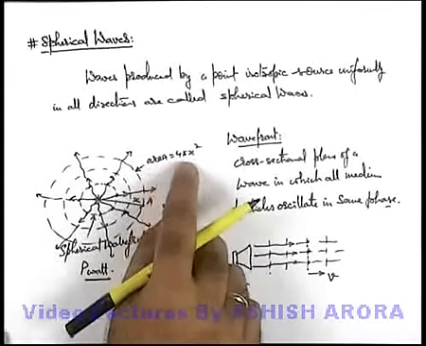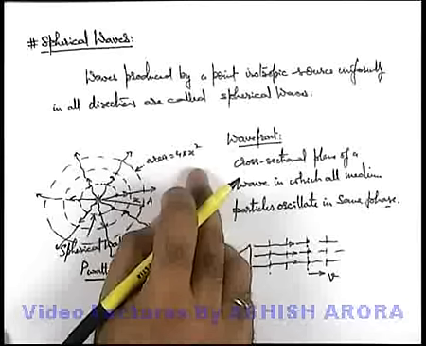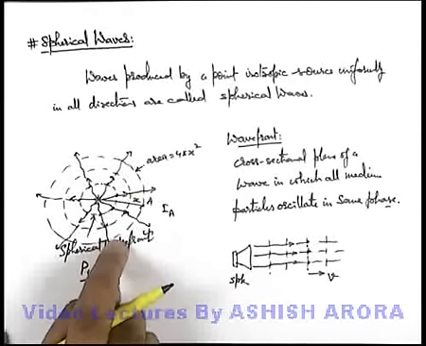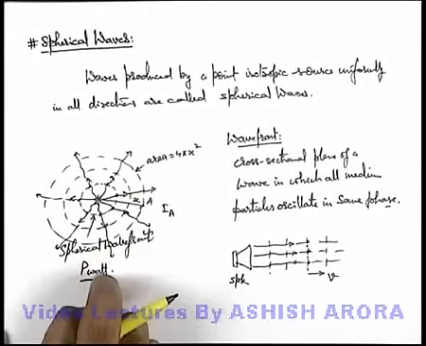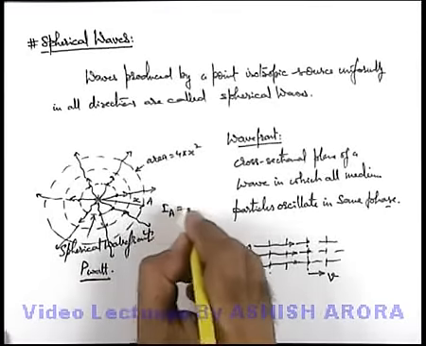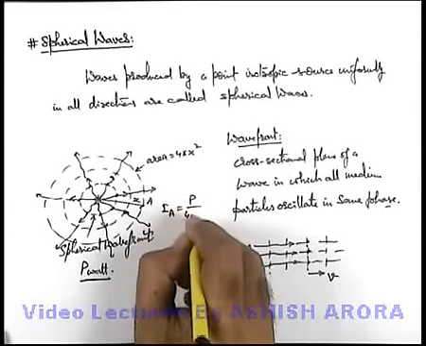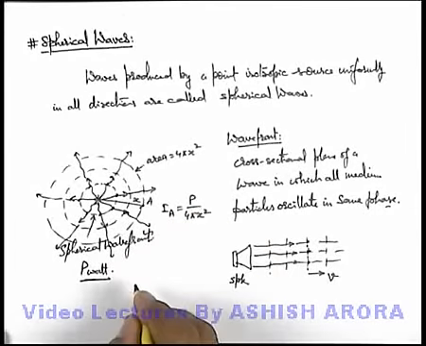So the area of the spherical wavefront is 4 pi x square. This power P watt is crossing this 4 pi x square area per unit time. So intensity we can simply write as power per unit area. So this will be P upon 4 pi x square.